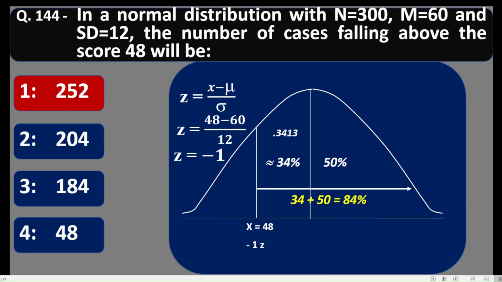It means 84% of the students are having marks more than 48, and total students are 300. So 84% of 300 is 252. So the correct option is 252.